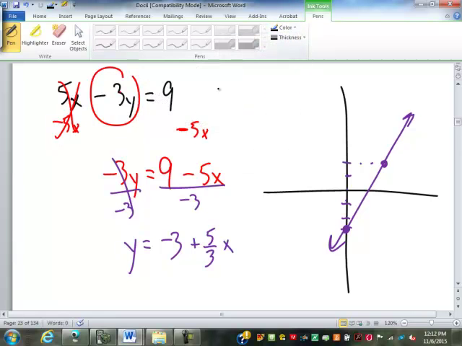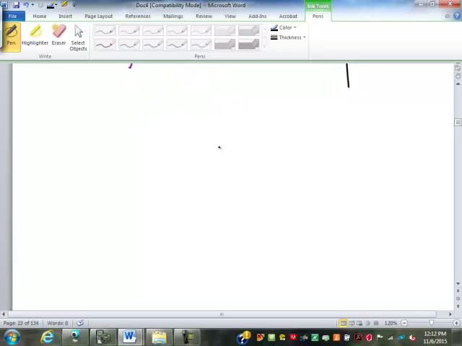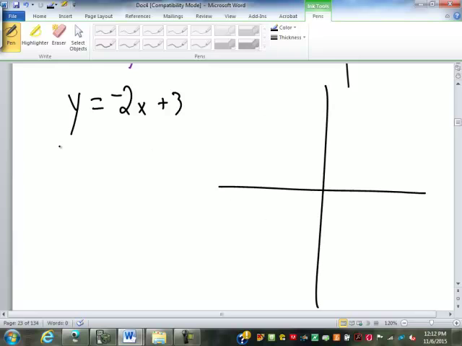So I want to have you guys try a couple of these in your notes quick before we run out of time. So I want you to graph y equals negative 2x plus 3. I also want you to graph 3y plus 1 equals 2x minus 5.